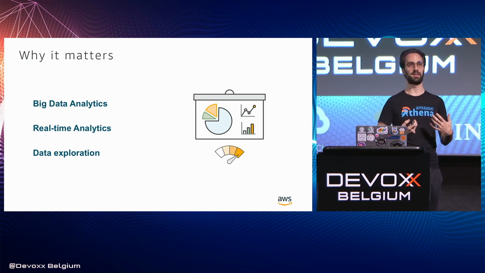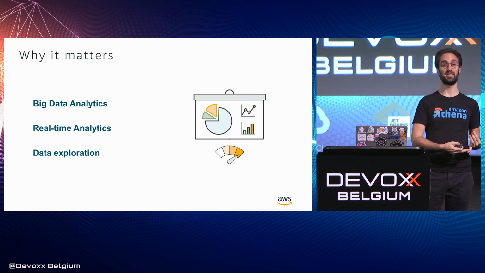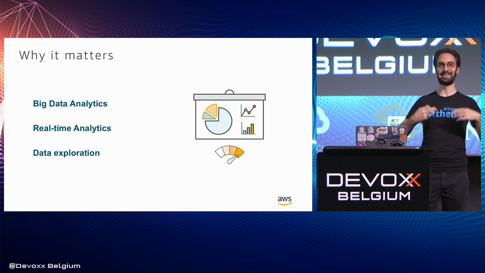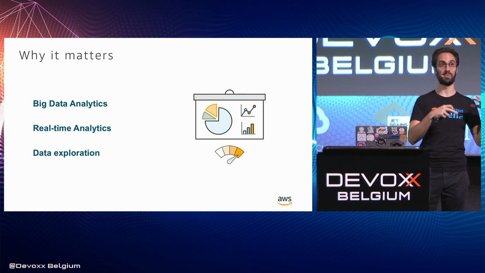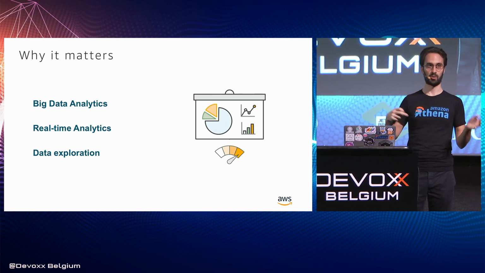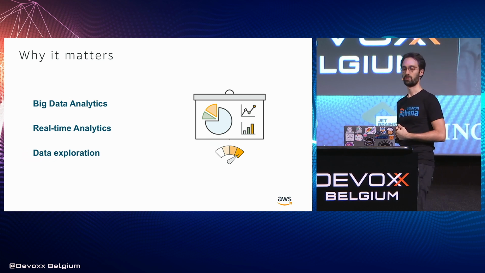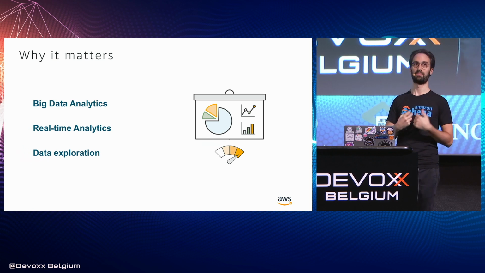We want to extract information from data coming in real time. Think IoT, think click streams, think anything that happens right now and that you need to be aware of one minute later, two minutes later, not 20 hours later. Real-time information to make decisions for your product, your company, your startup, whatever.